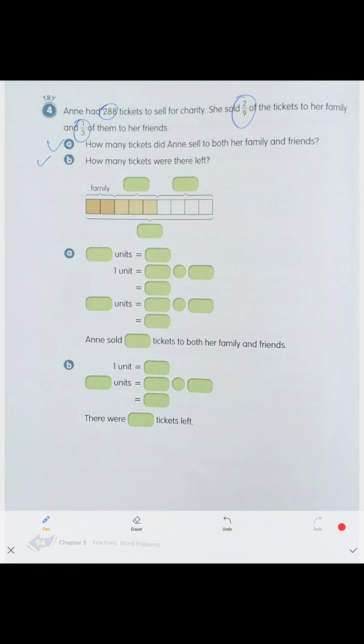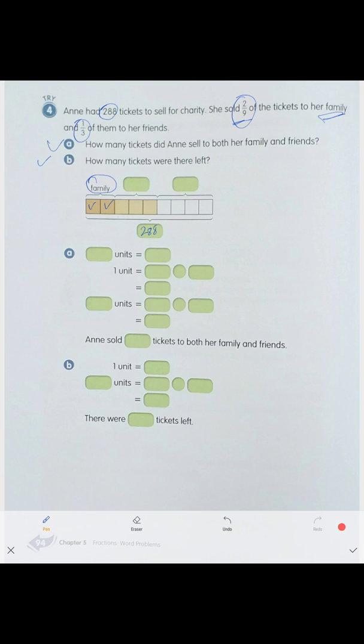So this is your model. They kindly draw it for you. 288 is your total. Now think about it: 2/9 for the family. This is what they draw. The total amount of units here is 9 units. 1/3 of them to her friends.